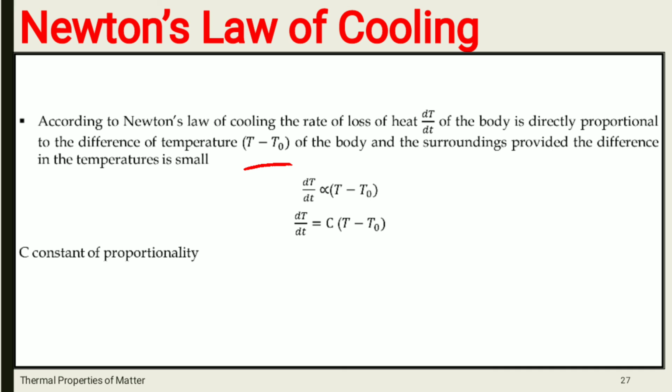In mathematical form, dT by dt is directly proportional to T minus T0. If you remove the proportionality sign, dT by dt is equal to C into T minus T0, where C is the constant of proportionality.